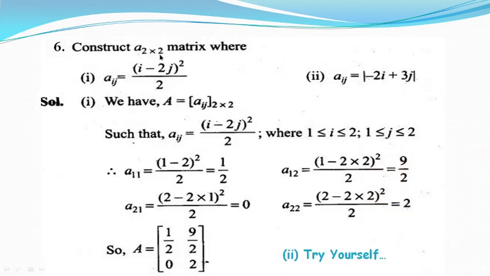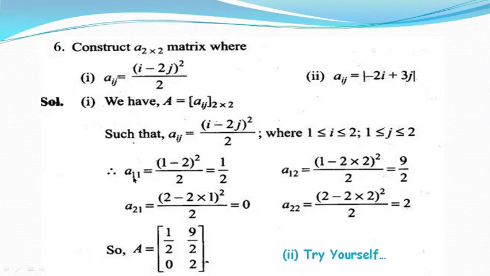Question number 6. Construct a 2 by 2 matrix where aij is given as (i minus 2j) whole square upon 2 and one more part is given, aij is equal to mod of minus 2i plus 3j. So here what we have to do, we have to construct a 2 by 2 matrix. So one by one let's find all 4 elements.